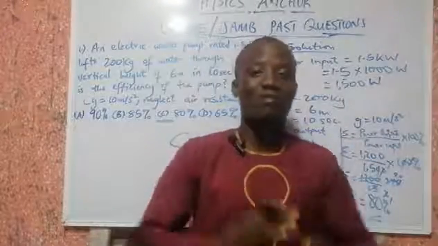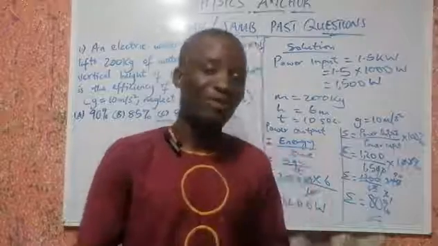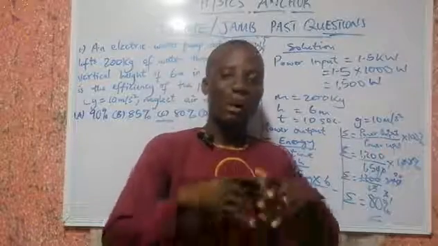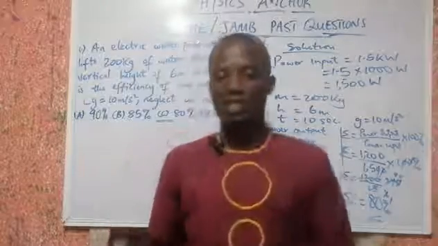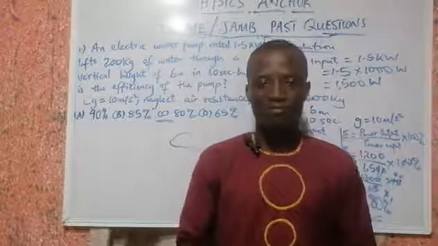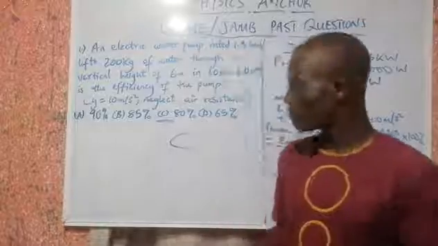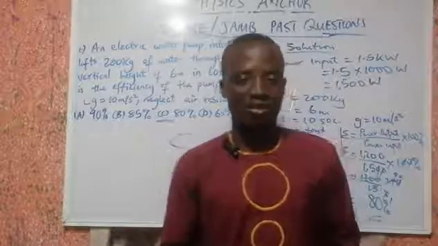You just have to get yourself familiarized with the formulas and know how to apply them when you see the parameters being given in a question. So I hope you have gained something from today's question that I've solved.